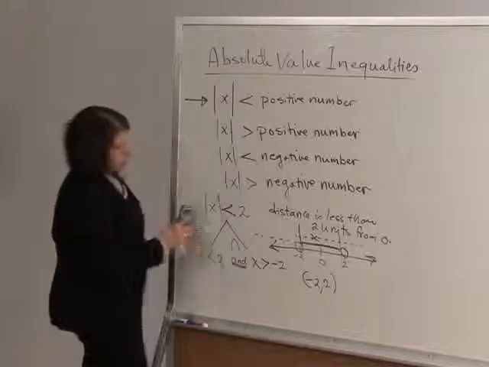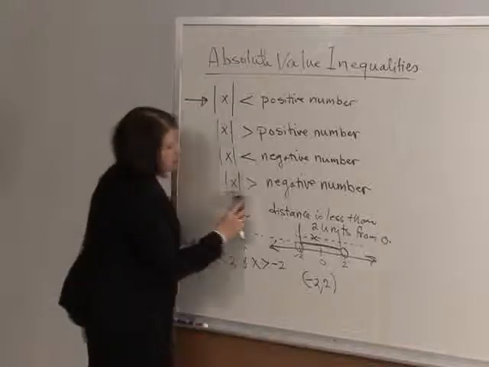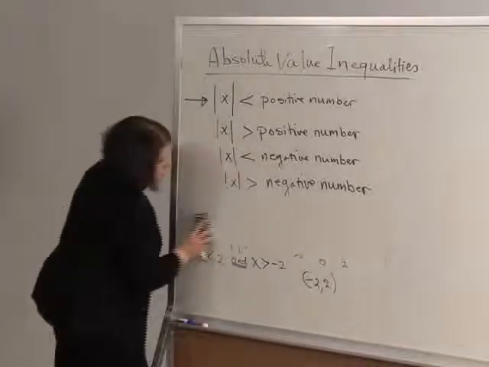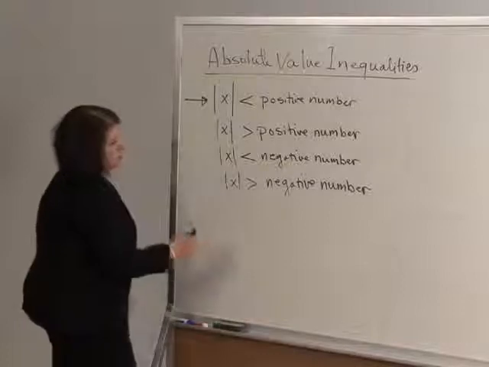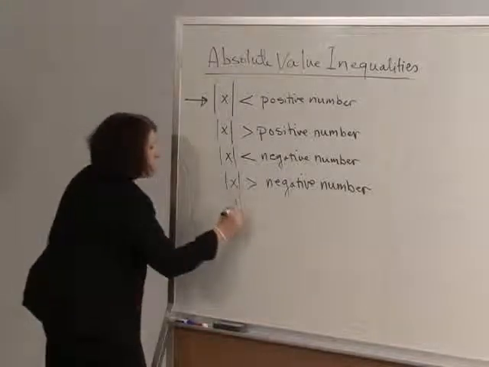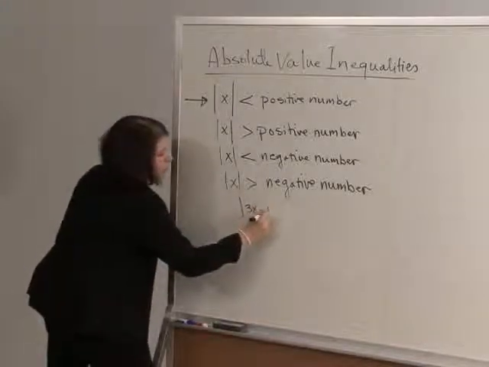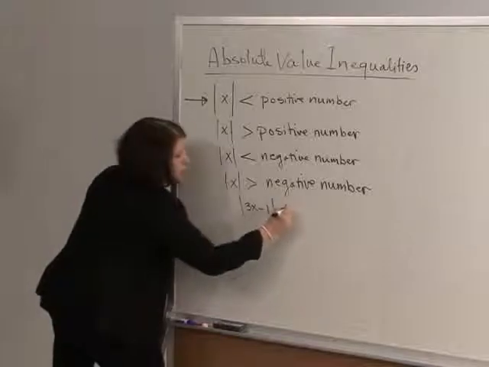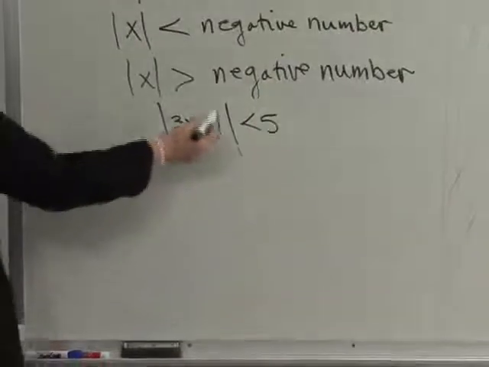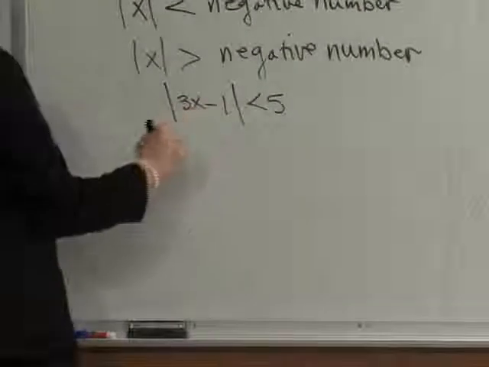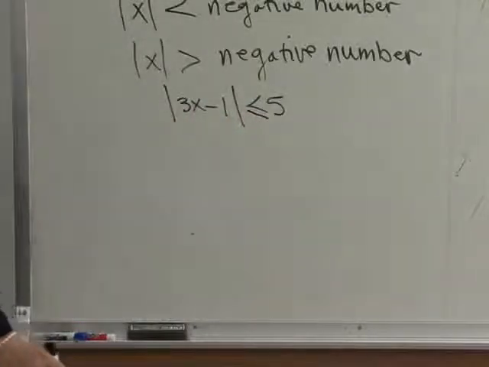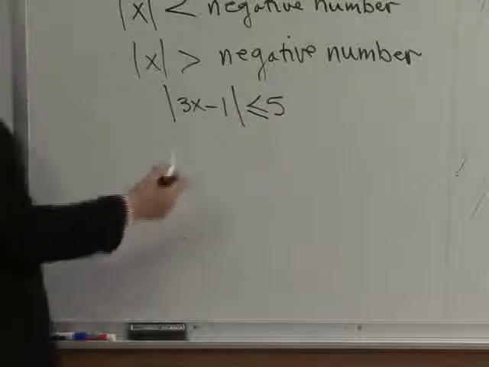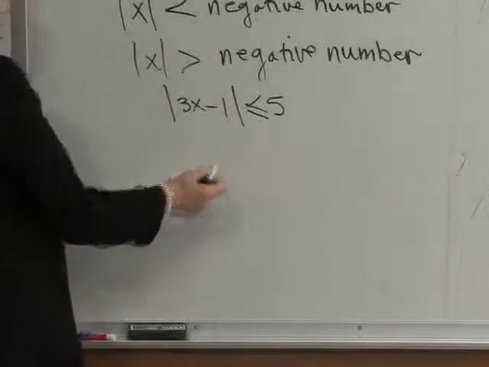I'm going to take another example with the less than case that's more involved. Let's say I have the absolute value of 3x minus 1 is less than 5. So this is an absolute value inequality with less than 5. Let's make it less than or equal to 5, so we can include that 5. Again, it's less than, so remember it's and.